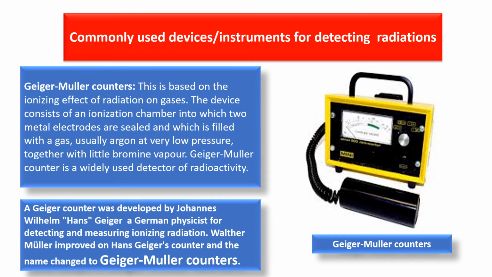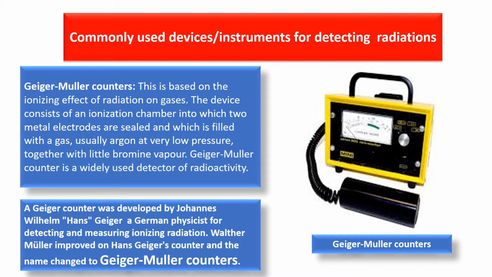Let's begin with the Geiger counter as one of the commonly used devices for detecting radiation. The Geiger counter was developed by Johannes Wilhelm Hans Geiger, who was a German physicist, and its function is for detecting and measuring ionizing radiation.